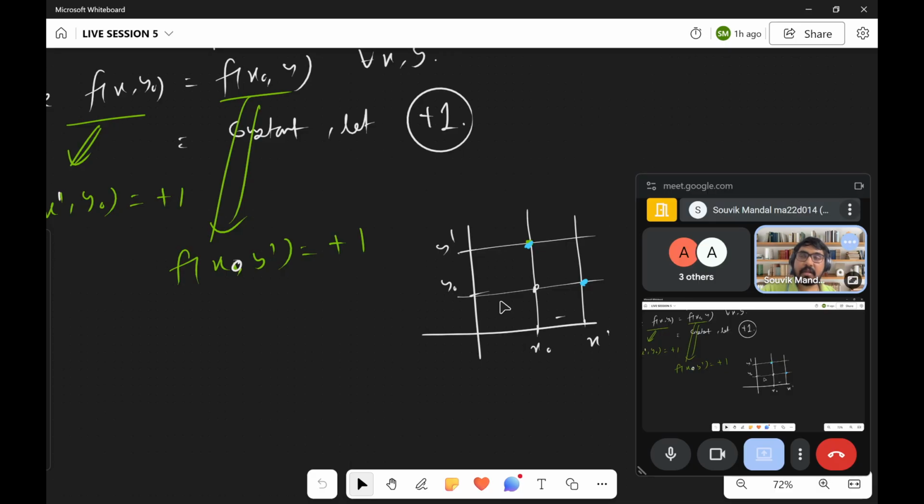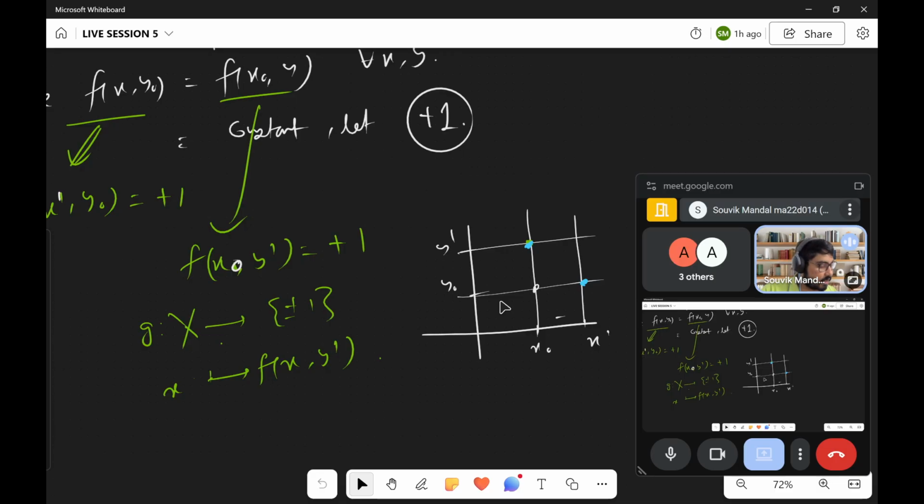Now the point is that we can construct a function g from X to plus minus 1, where x goes to f of x comma y prime.